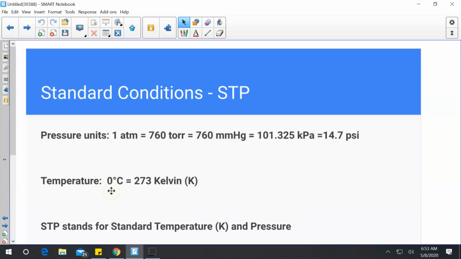And then temperature has to be at 0 degrees Celsius, but we have to convert to the Kelvin scale in order for our graphs to run through 0, 0. So we have to remember, in any gas laws, temperatures have to be in Kelvin.